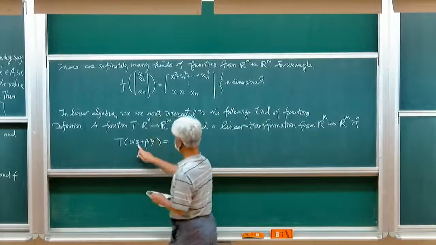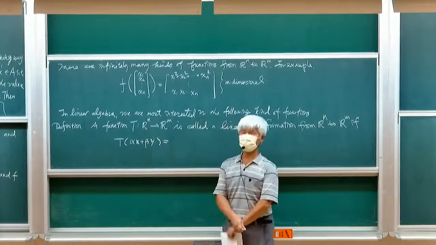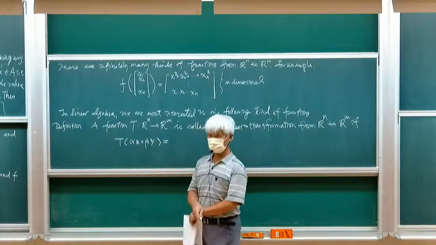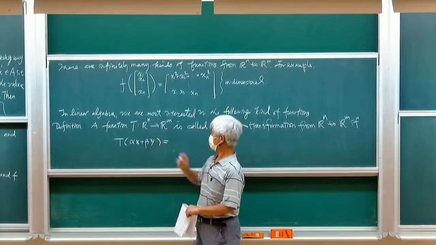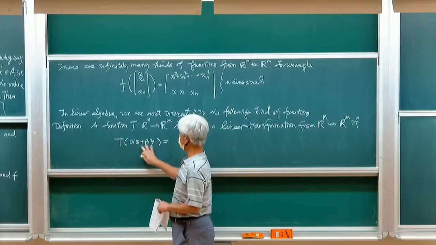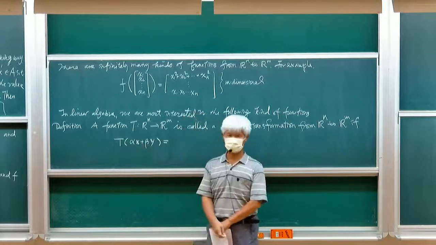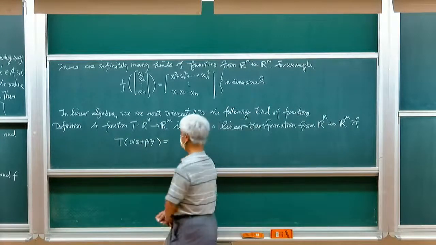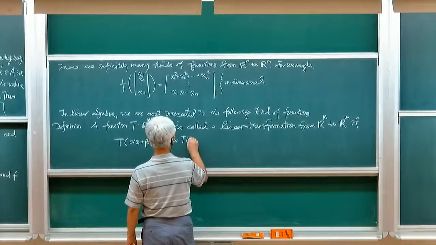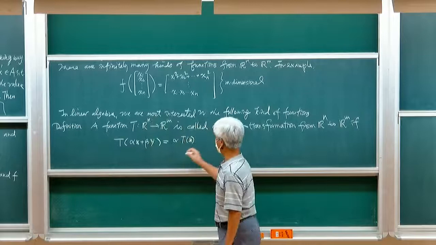Okay, so x, y are vectors in Rn, and this is a linear combination of these two vectors. Then the image of this linear combination is equal to a linear combination of the images of x and y.